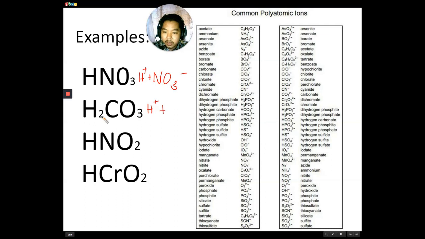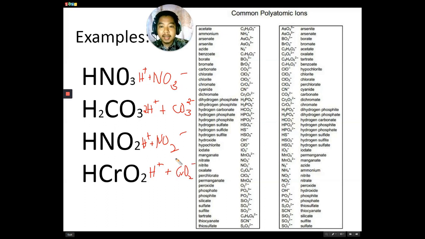H plus, but since you have 2, that is your 2 hydrogens, I place it as a coefficient. So my CO3 should have 2 negative charge so that they will balance. Hydrogen 1, so this is just NO2 negative, H plus. Again, I'm just separating the 2 ions involved, don't be confused. CrO2, and the charge is negative.